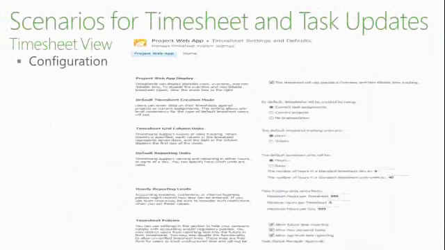So how do you configure the timesheet view? This one, as you can see, has a lot more options there. I'm not going to go over all that, but you have all kinds of options to specify how you want the grid to look like, what you want the users to enter, to look at the value, what are some maximum number of hours per timesheet you could have, and so forth.